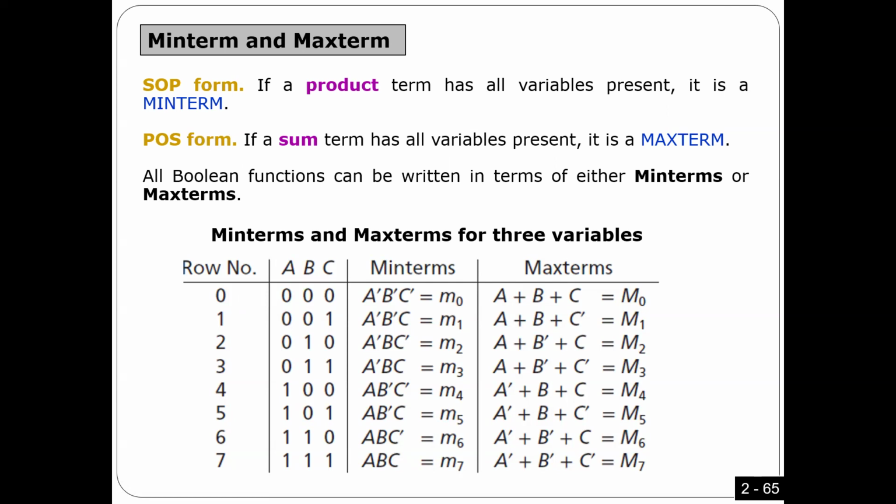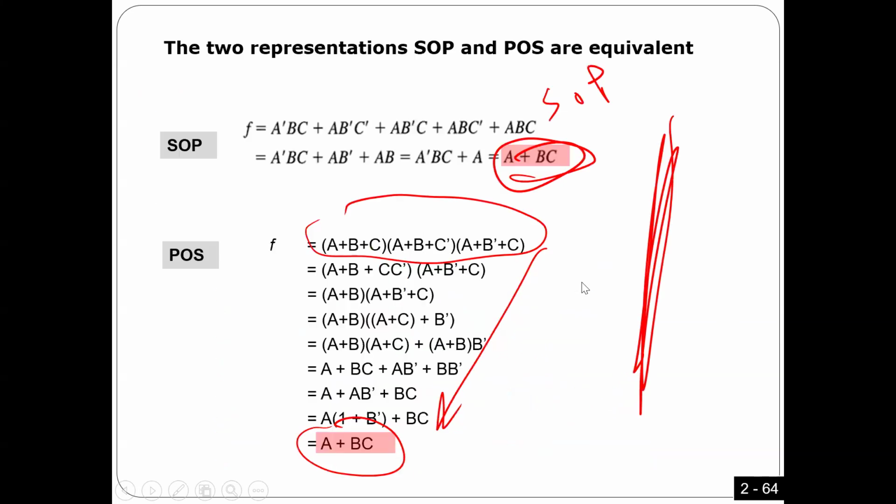So this can be a row number or even the equivalent of this number in binary. Okay. So if I have a 1 here, we have something we call min terms and we have something we call max terms.